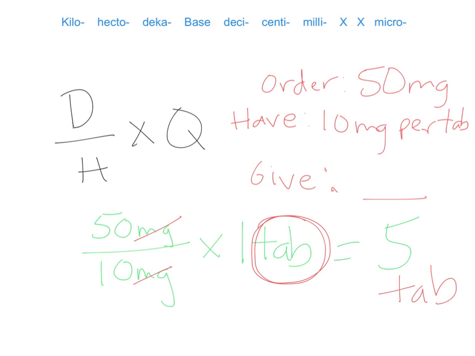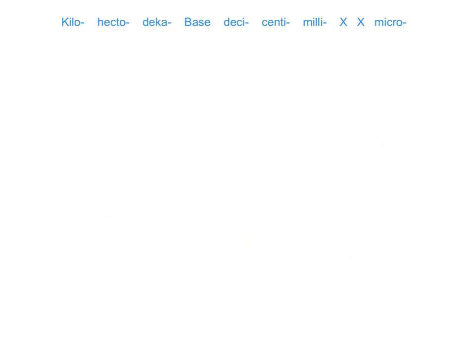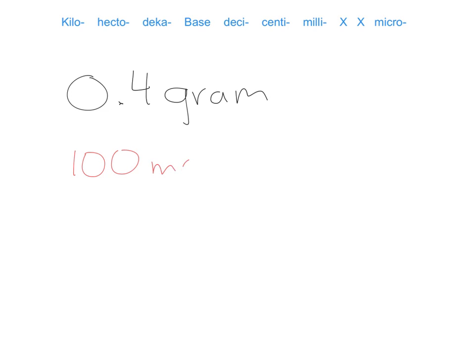In an example where they're not the same, let's go ahead and take a look at one of those. Let's say we have a doctor or a physician that orders 0.4 grams of a particular drug that comes in, let's say what we have is 100 milligrams per 2 milliliters.